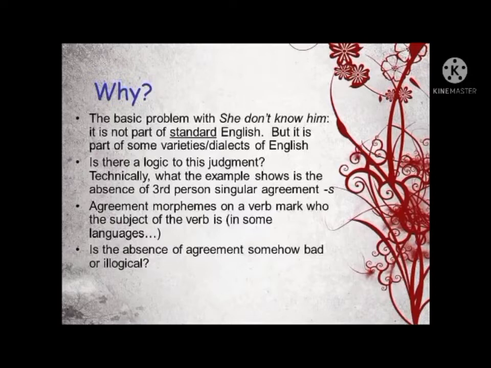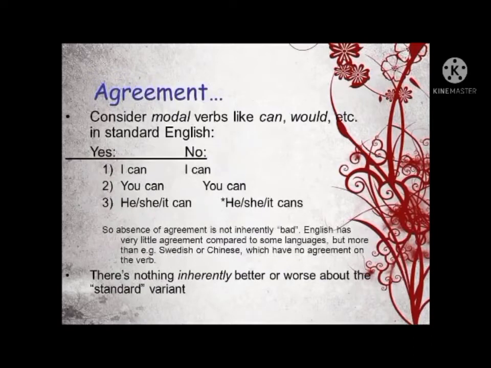She doesn't know him. So we should remember that the agreement morphemes on a verb mark who the subject of the verb is. The absence of agreement somehow makes the sentence bad or illogical. Agreement is a phenomenon in natural language in which the form of one word or morpheme co-varies with the form of another word or phrase in the sentence. Consider modal verbs like can, would, could, may, etc. in standard English.